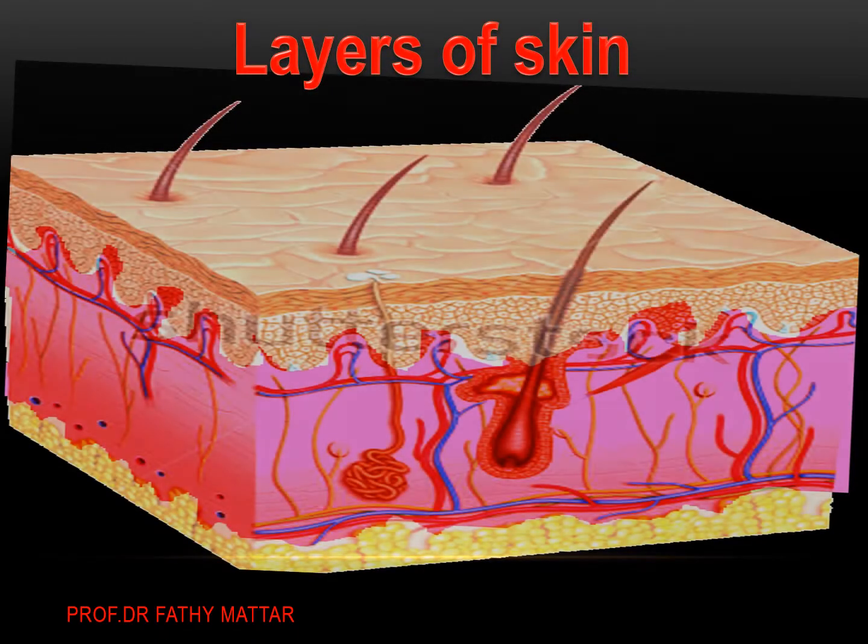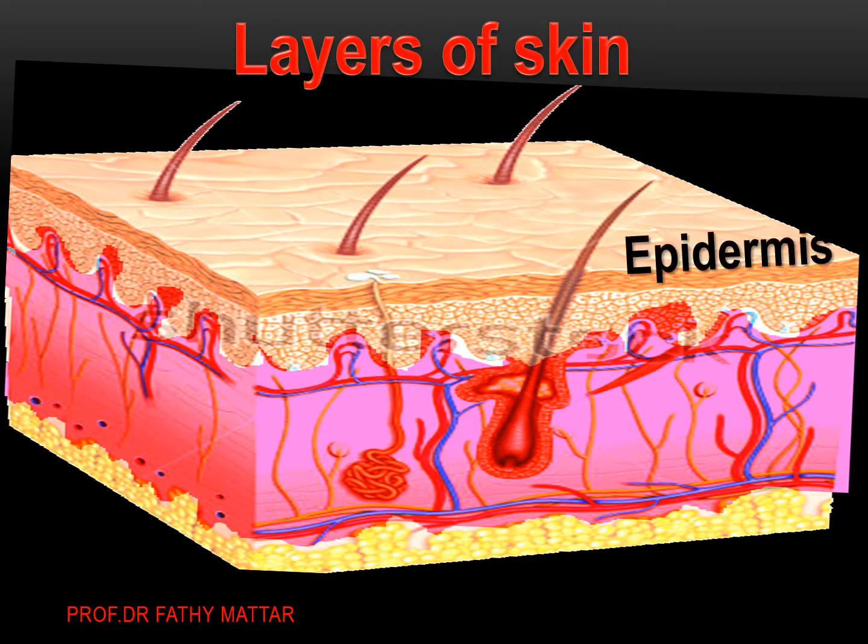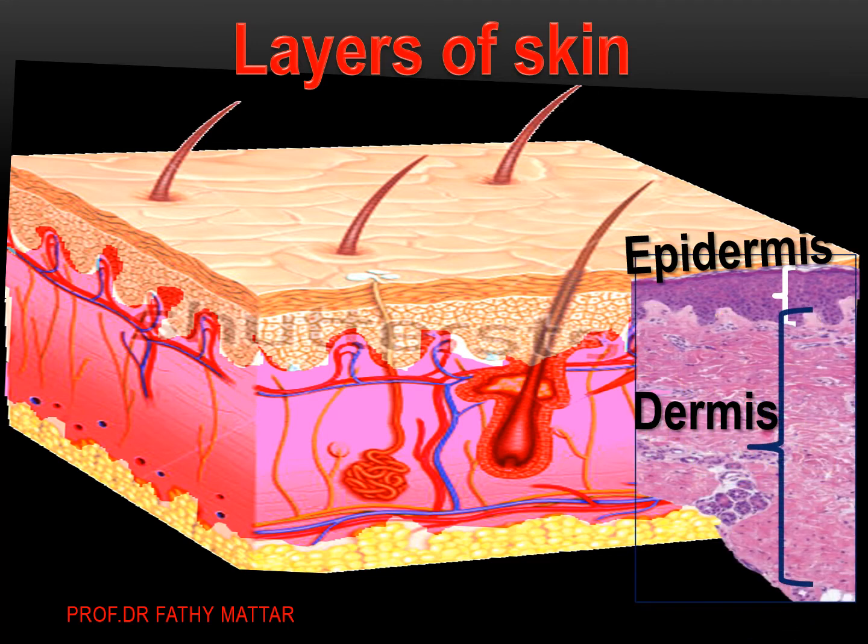The layers of skin. The outermost layer covering the skin is called the epidermis. Underneath the epidermis is the dermis. The epidermis is formed of stratified squamous epithelium, as we will know, and the dermis is formed mainly of connective tissues.